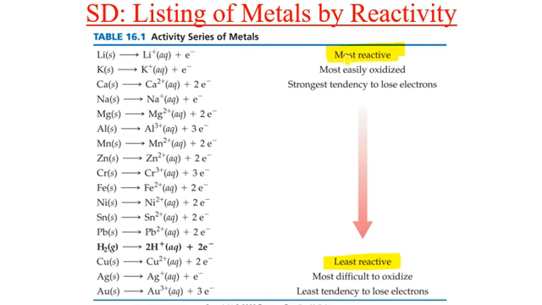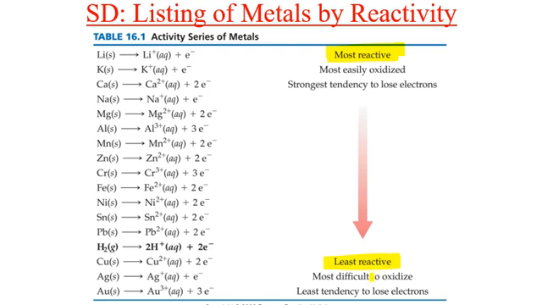We write the most active elements on the top and the least active elements on the bottom. So in this series, lithium is the most active element, and as we go down in this series, gold is the least active element.